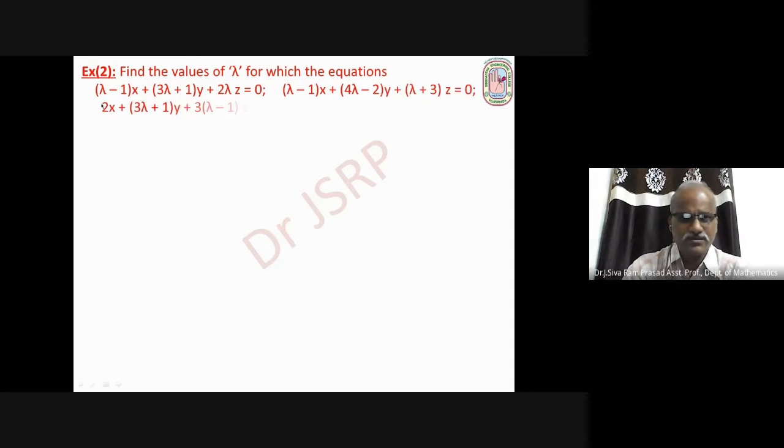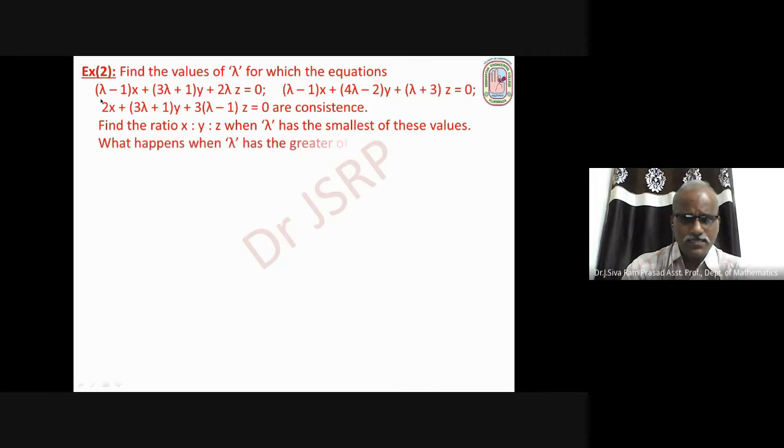Next, consider another example. Find the values of lambda for which the equations (lambda minus 1)x plus (3 lambda plus 1)y plus 2 lambda z equals 0, (lambda minus 1)x plus (4 lambda minus 2)y plus (lambda plus 3)z equals 0, and the third equation 2x plus (3 lambda plus 1)y plus 3(lambda minus 1)z equals 0 are consistent.